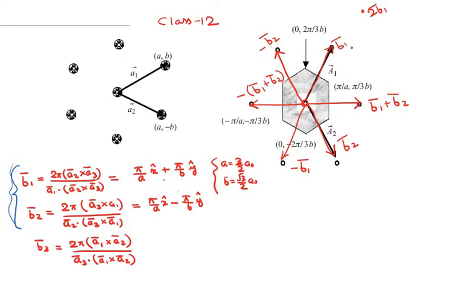The perpendicular bisector of this reciprocal vector B1 is given by this line. Let me use a different color. This is the perpendicular bisector of the reciprocal lattice vector B1.